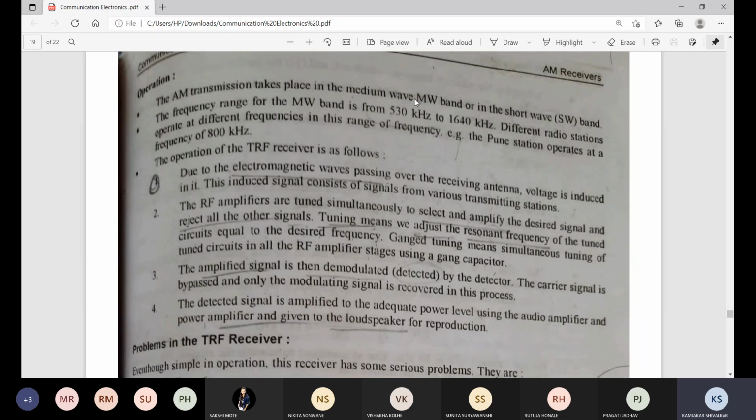The radio frequency or the audio frequency wave किंवा high frequency signal म्हणलं, if that high frequency signal having the wavelength, if the wavelength is medium, then we call it medium wavelength.